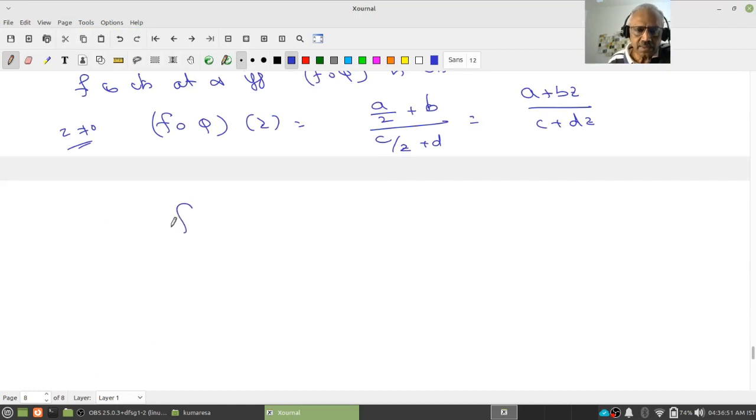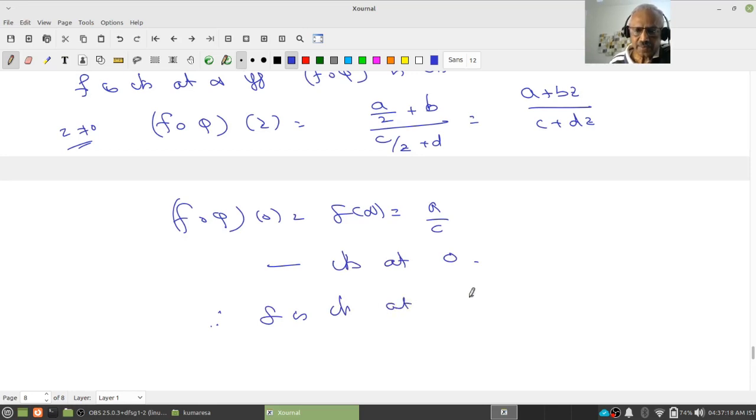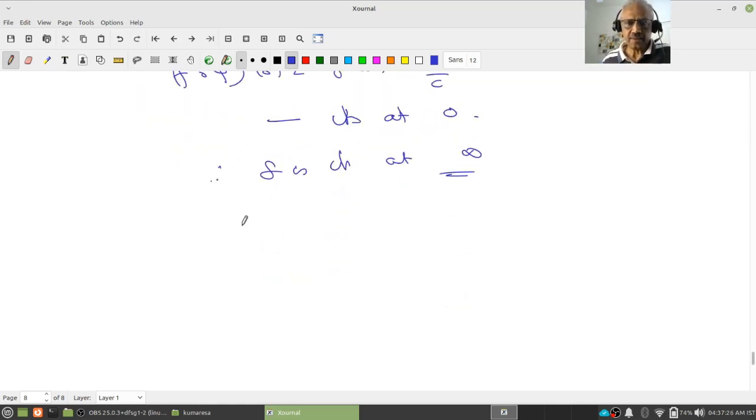And what is f composite phi at 0? That is f at infinity, which we are defining to be a by c. Is this continuous? Look at a plus bz by c plus dz. As z goes to 0, what does it go to? a by c. That's correct. Therefore this is continuous at 0, and therefore f is continuous at infinity.